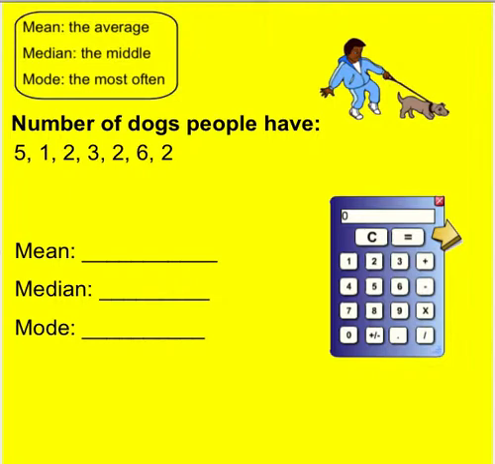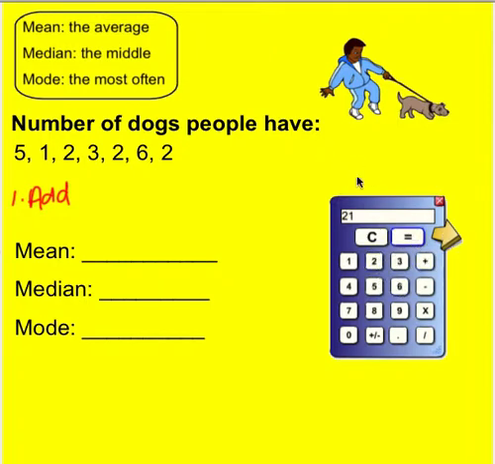There's a 3-step process we have to go through. The first thing we need to do is add the numbers together. So we are going to type all those numbers, 5 plus 1 plus 2 plus 3 plus 2 plus 6 plus 2 together.